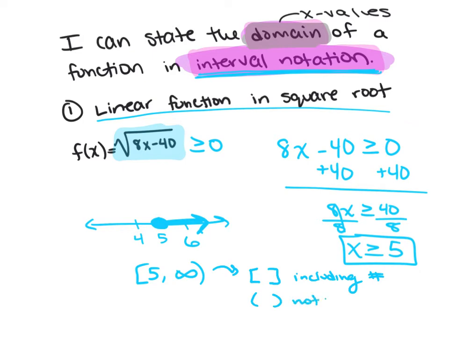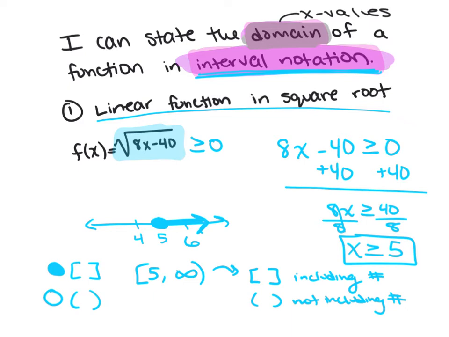Parentheses means not including the number. You never actually reach that number. So a closed circle would indicate something that has a hard bracket, and an open circle indicates something with a soft bracket, so those parentheses. That's just a little reminder, and I'll include those reminders as we go.